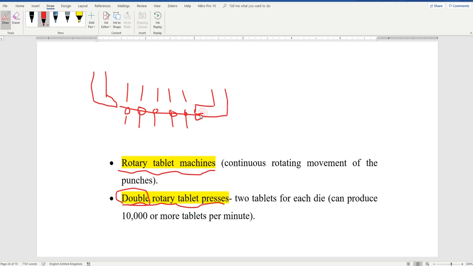Okay, so in one full circle, how many tablets get produced? Two tablets. One from the first hopper after filling the die cavity, compression and ejection, and then the same die cavity gets filled again by the second hopper after half a circle, and then it gets compressed and ejected. So two tablets are produced from each die cavity in each circle.